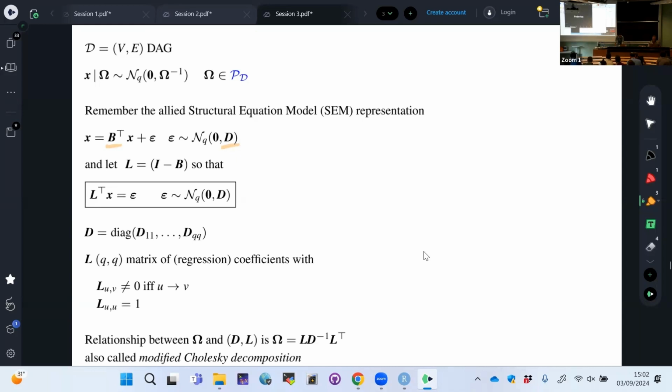To ease the notation, let me call capital L equal to I minus B, so that we can write our structural equation model as L prime X equal to epsilon, where bold X is our q-dimensional vector x1, ..., xq, while epsilon is our q-dimensional vector with the error terms, which has a multivariate normal q distribution with diagonal variance covariance capital D.